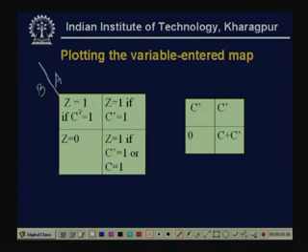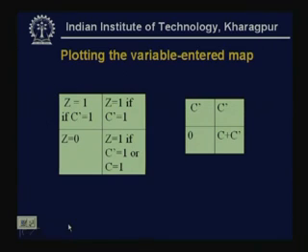Now see z equal to 1, so this will be my A dash and A, this is my B dash and B. So, this is my A dash B dash. Now, see, if C dash equal to 1, that means if C dash exists in the term, then this will be Z equal to 1.